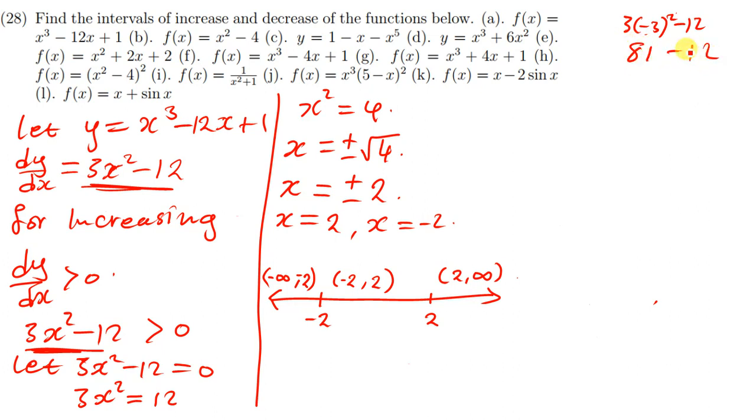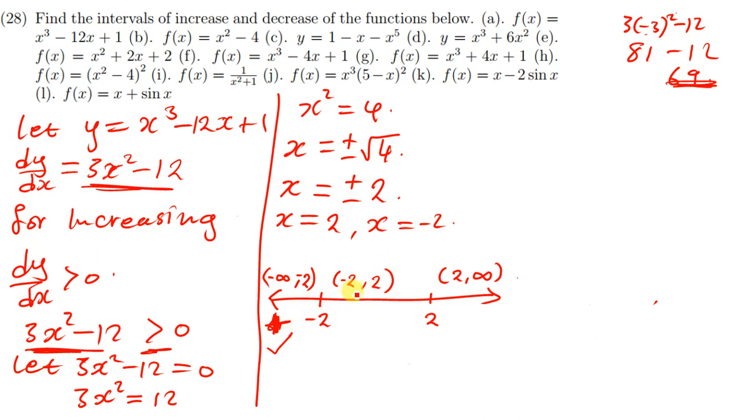So 27 minus 12 gives us 15. Let's see: we have 3 times 9, which is 27, minus 12, equals 15. This is a positive answer. So is it greater than 0? If the answer is yes, it means this is one of the accepted intervals, one of the intervals that we are looking for.